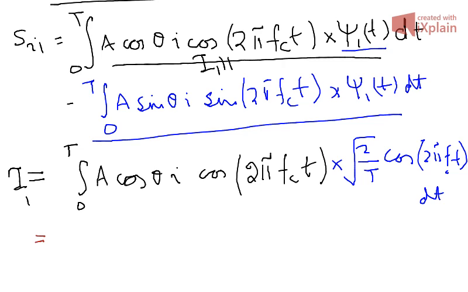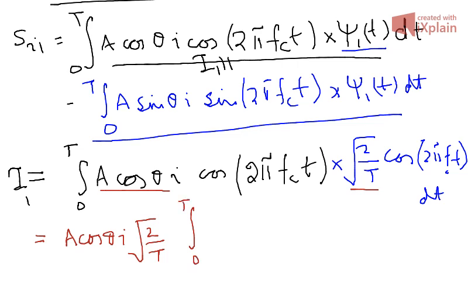Now we can see that we can write this outside the integral and this one as well. So we will have A cos theta I under root 2 over capital T. Capital T is fixed, right?